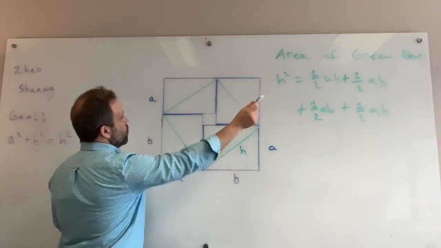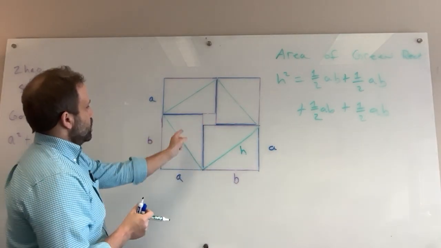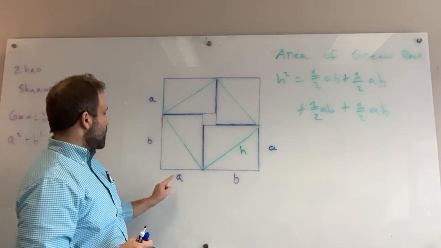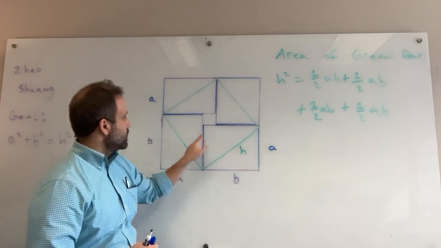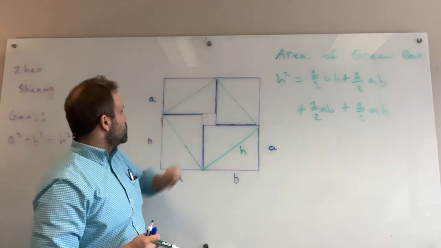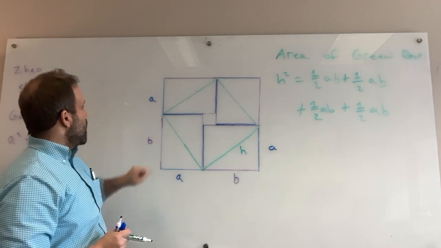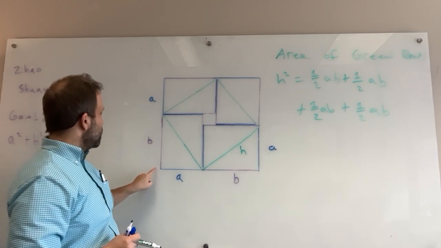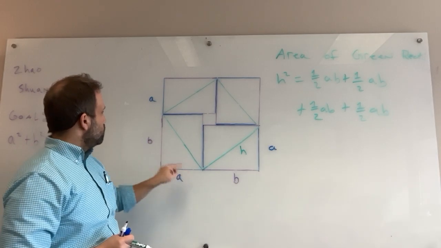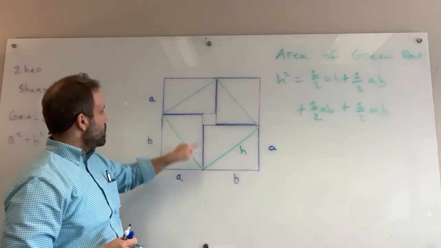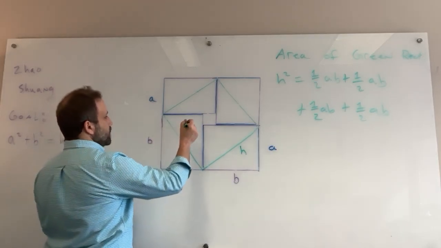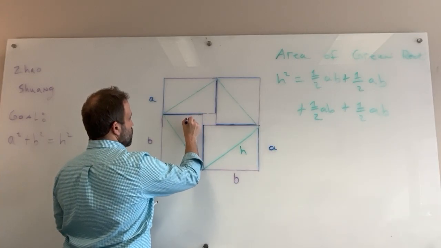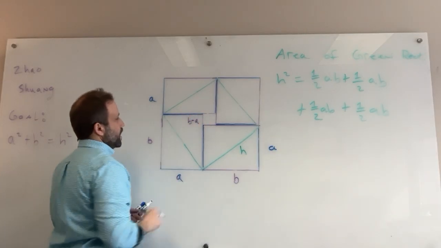The distance from here to here is A, because it's the rectangle there, and this distance there is A, and then this distance here is B. So in other words, this length here is B, this length here is A, so this length here must be B minus A. So this side length here is B minus A.